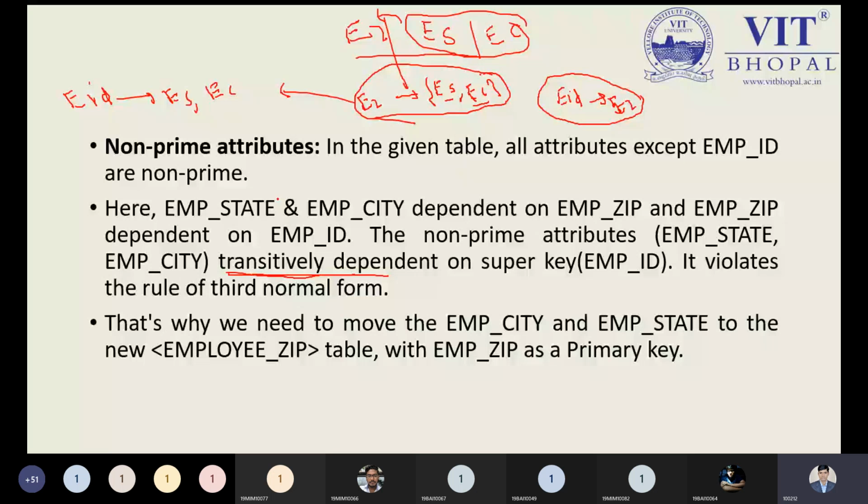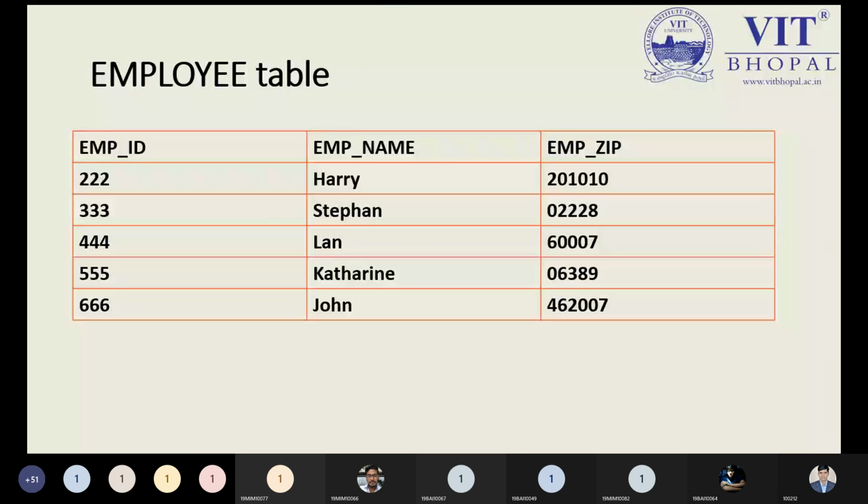And this violates the rule of the third normal form. That's why we need to move the employee city and employee state to a new employee zip table. So we need to create another table with employee zip as a primary key. Now see this example. First, we have the employee ID, employee name, and employee zip.